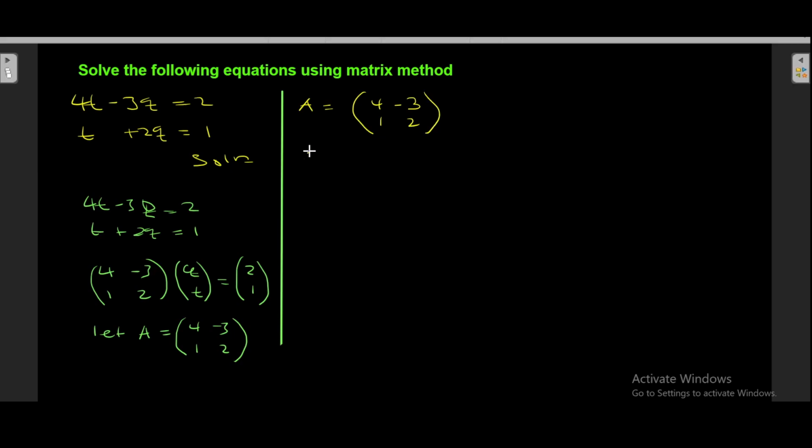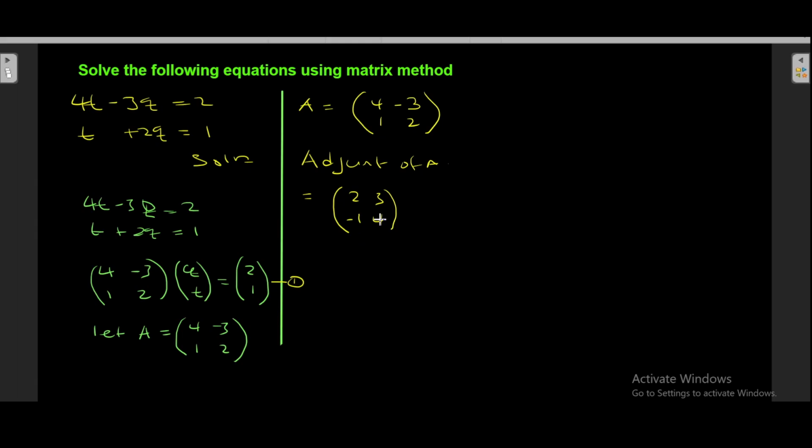If I try to get the adjoint of A, remember we said when you're getting the adjoint, these two numbers 4 and 2 change positions. It will now be 2 and 4, and these two numbers change signs. They give us now negative 1 and then positive 3. That's my adjoint. This one I can say is equation 1.